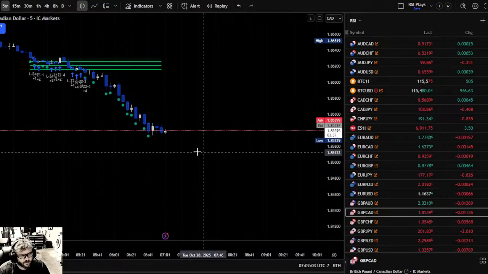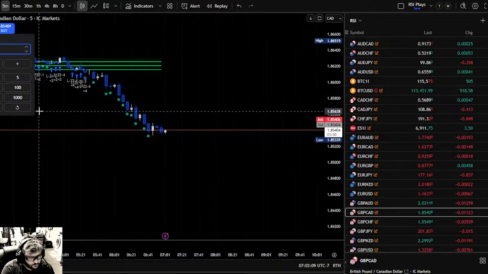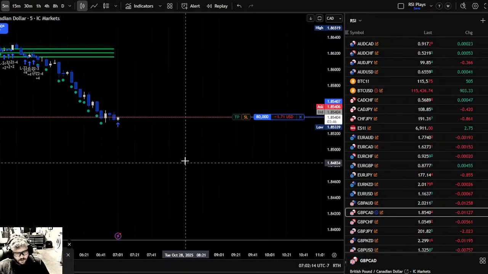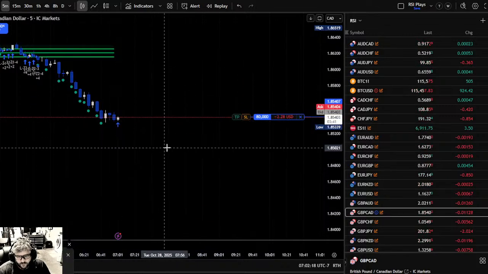Let's try to take a scalp on GBP CAD. I'm going to go a little light on the sizing because obviously this hasn't been working out for this pair.